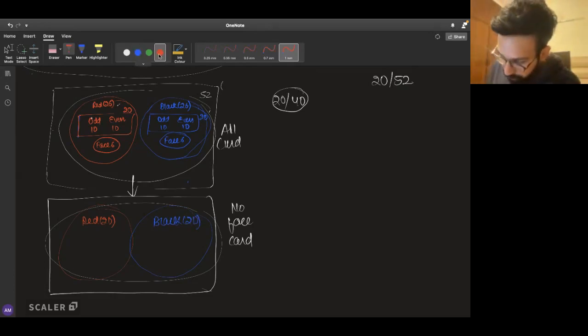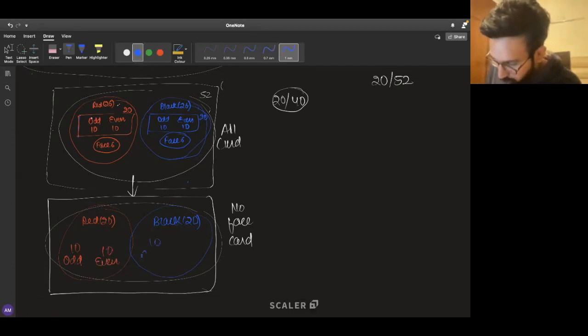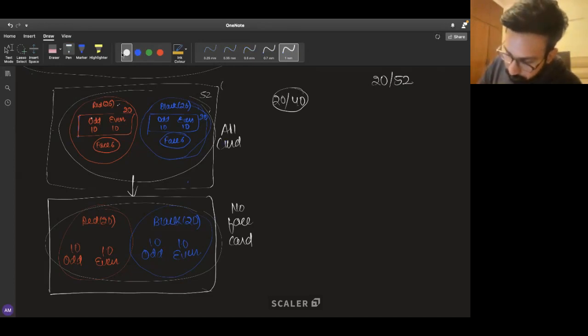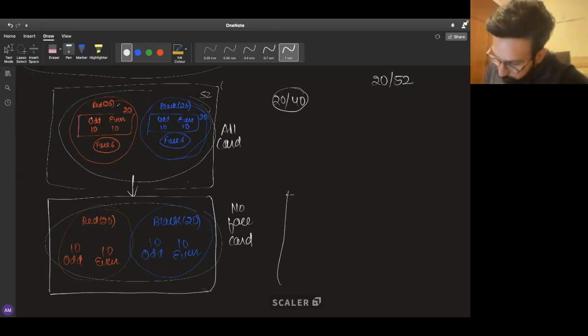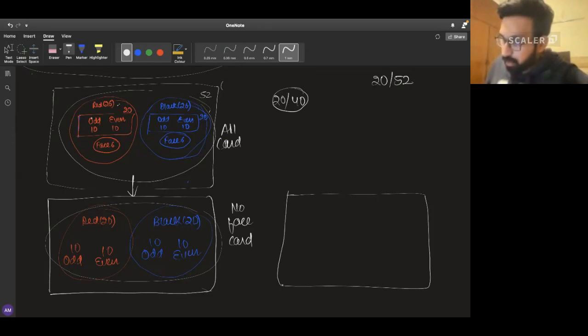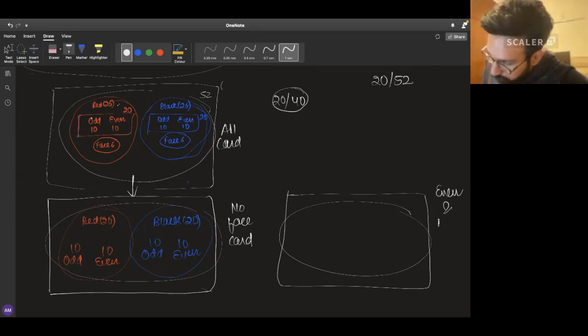And you will have again 10 odd and 10 even. Here you will have 10 odd and 10 even. Remember, the sample space for this one is no face card. Here it is all cards. Right? Let's talk about another one where the sample space is even and no face card.